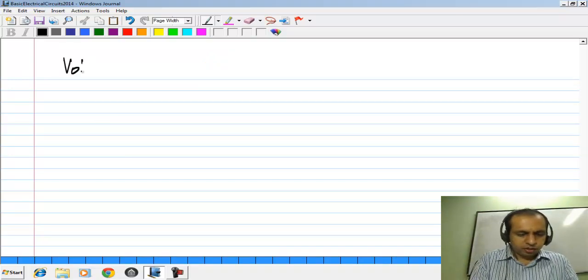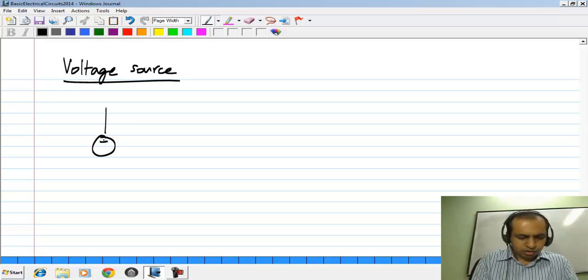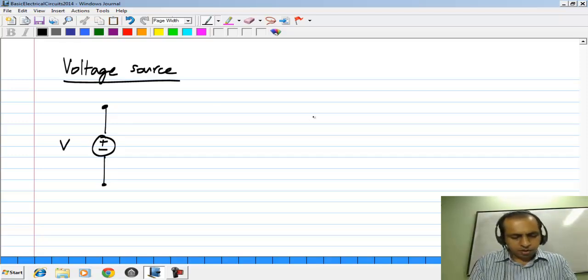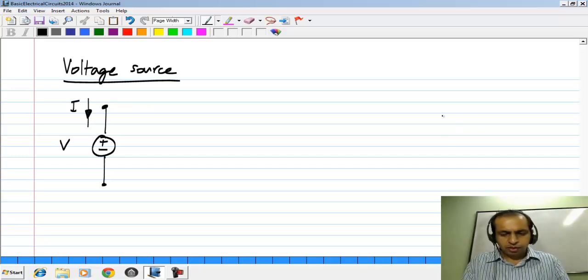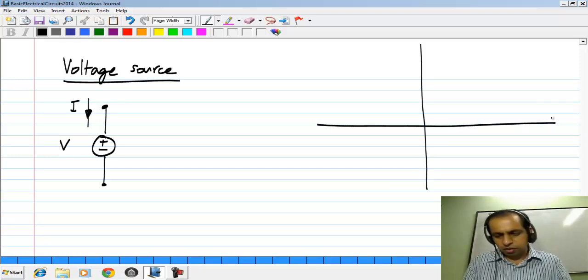So let's look at a voltage source. It maintains a voltage V regardless of the current I that is flowing through it. And the relationship graphically is given by a straight line.